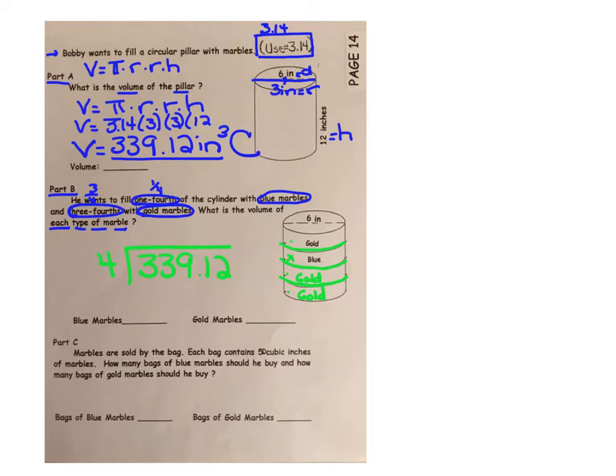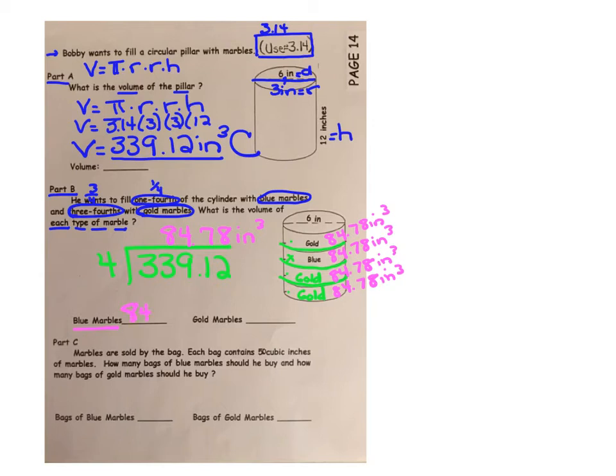Divide by 4. You should have gotten the following volume. That means that each section is that size.